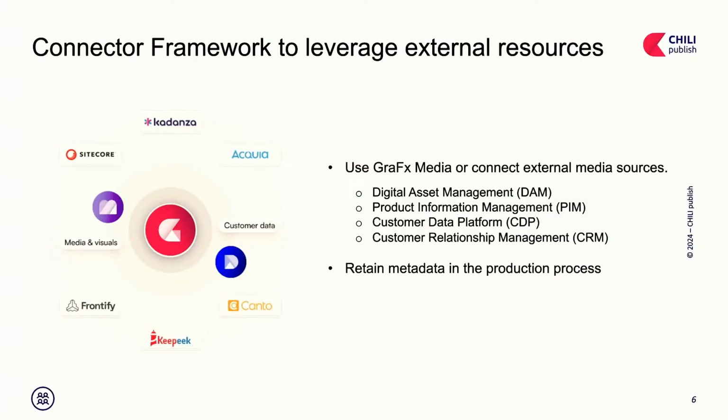And you want to leverage that data in the graphics production process to produce personalized assets, to produce product-specific assets or region-specific assets. So you want to connect to those single sources of truth of data, so there's no duplication going on, less chances of errors. And from day one, we've always been API first, so people could build these integrations and get that data from these external systems.